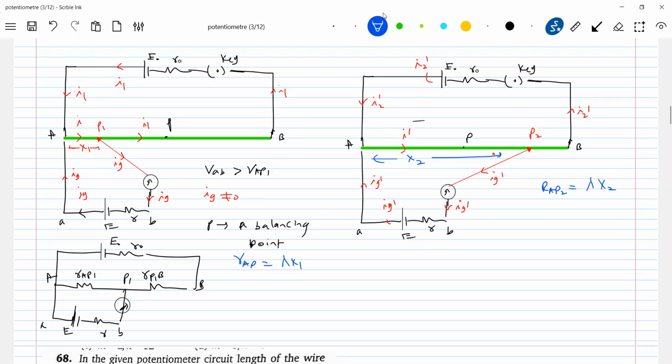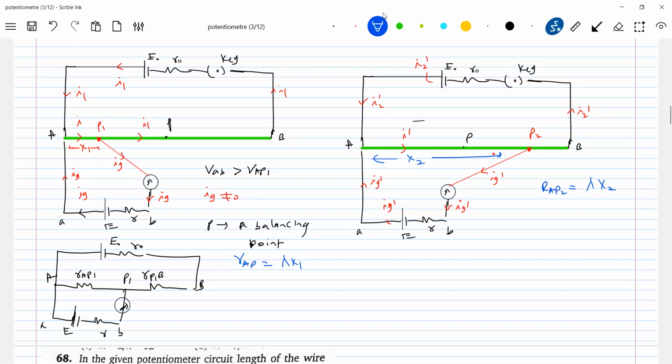Because without this jockey, there'll be some drop, no? So there's a problem we encounter. As you move the jockey from A to B, if the deflection is only on one side, it means the EMF of the cell is greater than VAB. So what should you do? You should increase the E naught value.